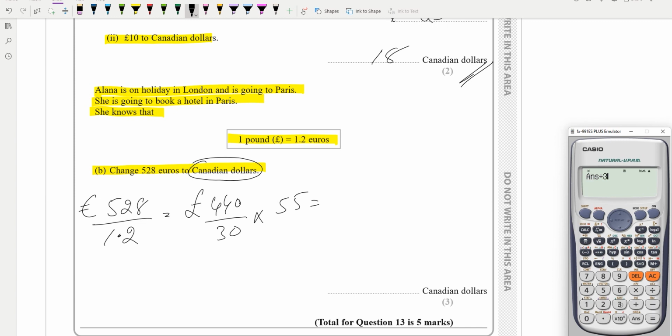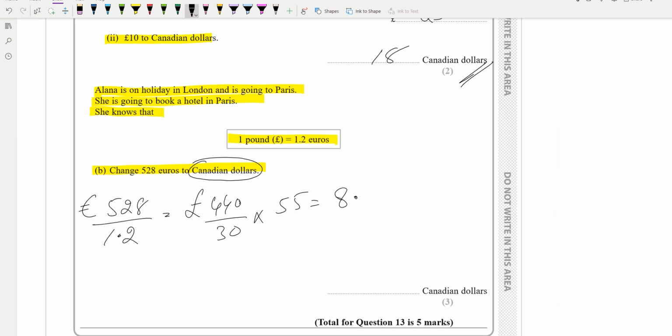So divided by 30 and multiplied by 55 is equal to 806.67, and roughly we can say this is 800 Canadian dollars. So this will be 800 Canadian dollars. This is done. Hopefully everything is clear.